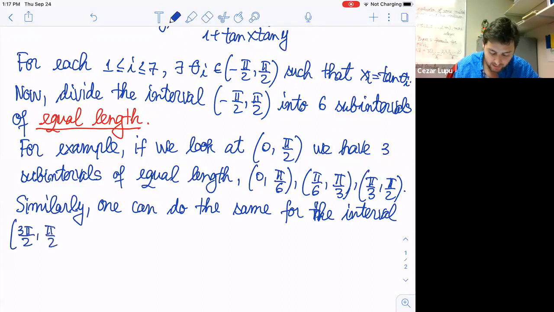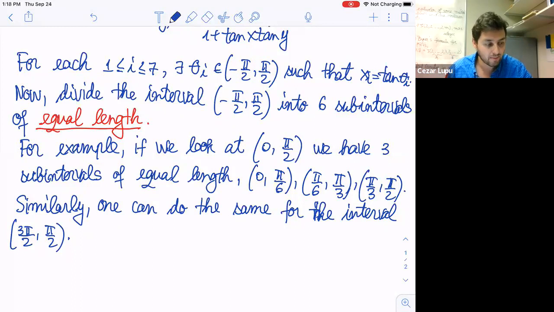You could divide it by 6 again. Okay, yes, you divide this into 3 subintervals of equal length. In any case, I have 6 intervals, right? And I have 7 numbers.